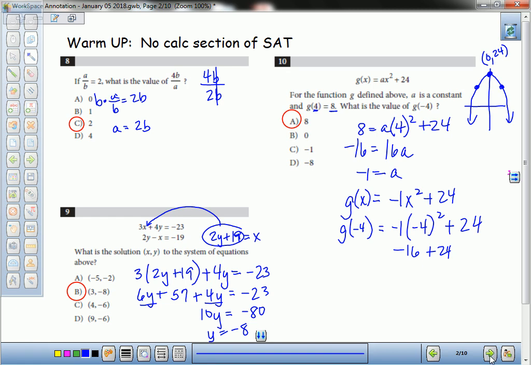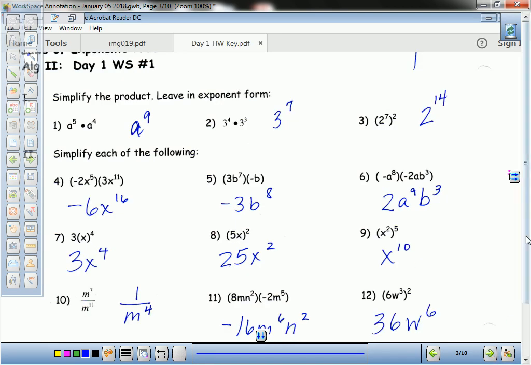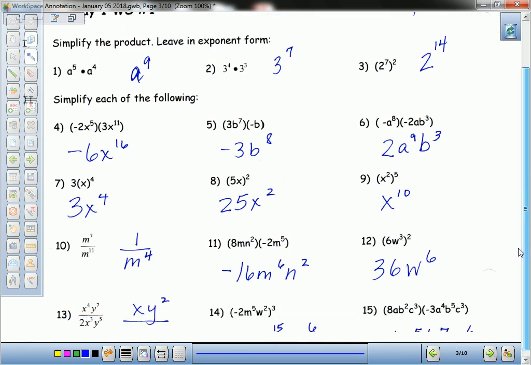Okay. The next thing we're going to do is go ahead and check the homework from last night. So if you guys will take out your homework, and while you are checking, I will come by and check for completion. You can go ahead and pause where you need to pause, but what you must do is ask questions on the problems you don't understand.